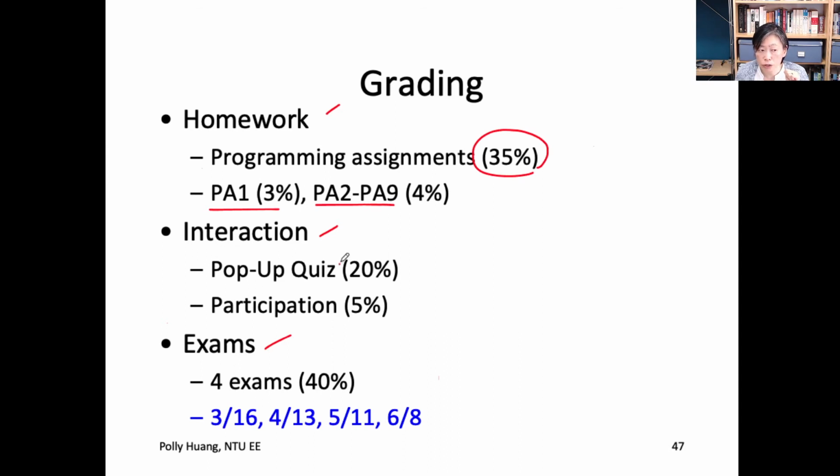Interaction includes pop-up quizzes that happen in the middle of the lecture. If we couldn't finish everything, submitting your solutions on the Slack workspace also counts. In the end, it counts for 20 points of the semester grade.